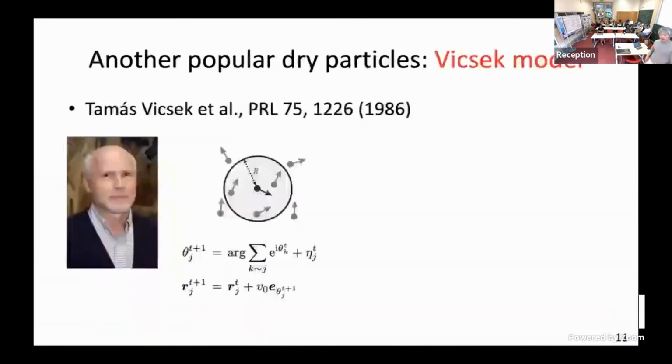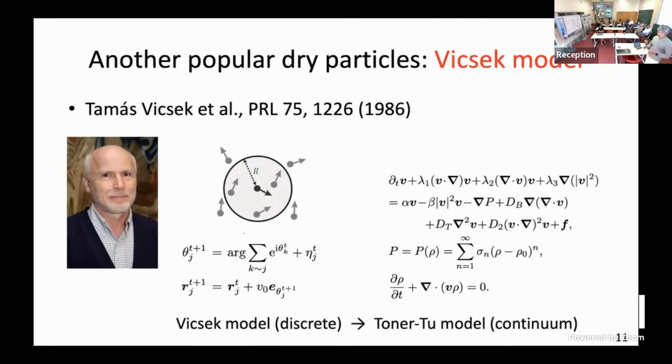For dry particles, several good models have already been developed, starting from the Vicsek model, which everyone knows, of course. And then after some treatment, we can even obtain a continuum model, which essentially reproduces the Vicsek type of model. It's okay, but it's not our approach.